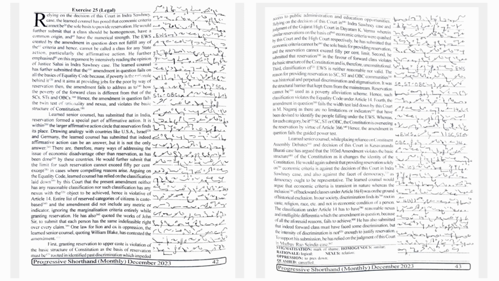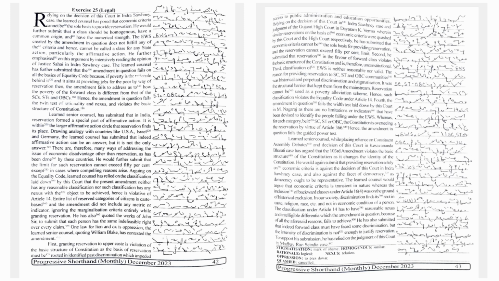Learned senior counsel, while placing reliance on Constituent Assembly debates and the decision of this court in Kesavananda Bharati case, has argued that the 103rd Amendment violates the basic structure of the Constitution as it changes the identity of the Constitution.